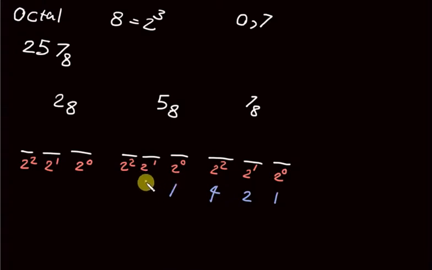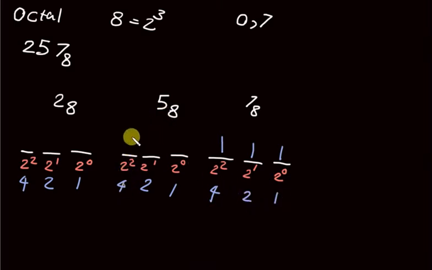So this is 1, 2, 4, 1, 2, 4. We add these numbers and figure out where we have to put 1 to get the number on the top. In order to get 7, I have to add 4 plus 2 plus 1. 4 plus 2 is 6, plus 1 is 7.